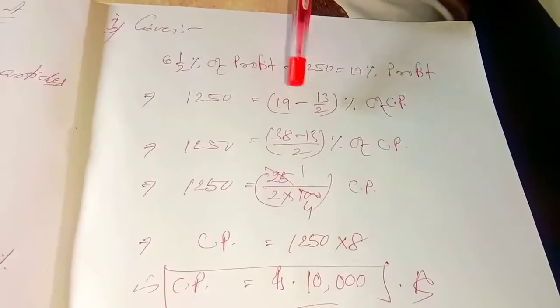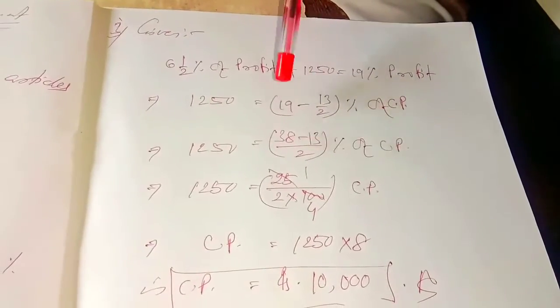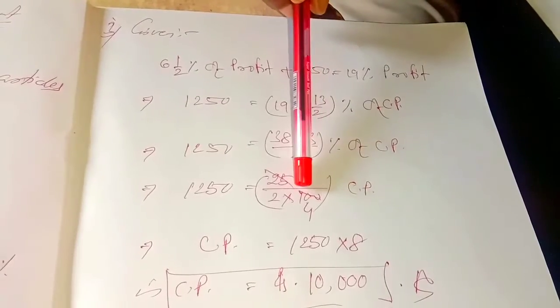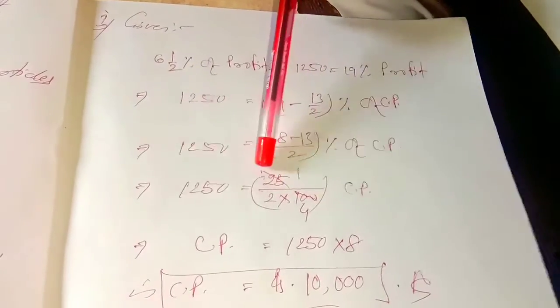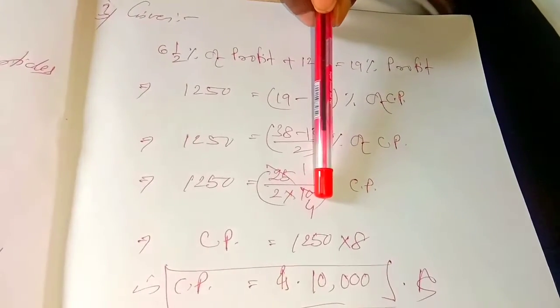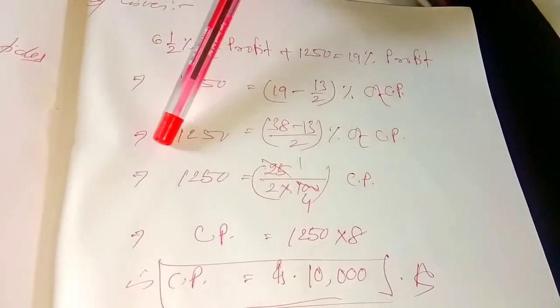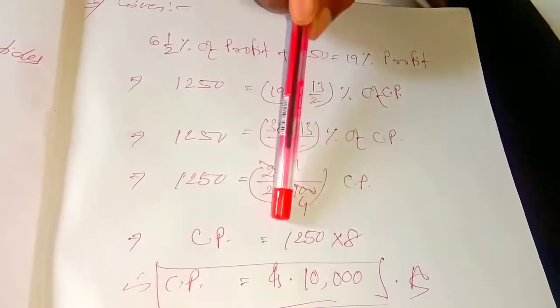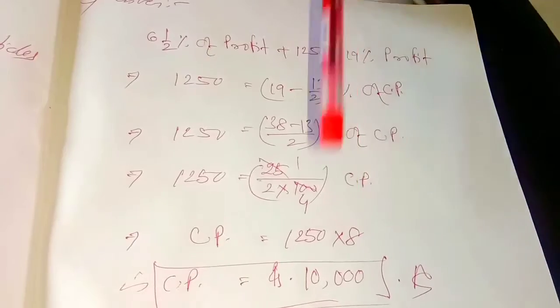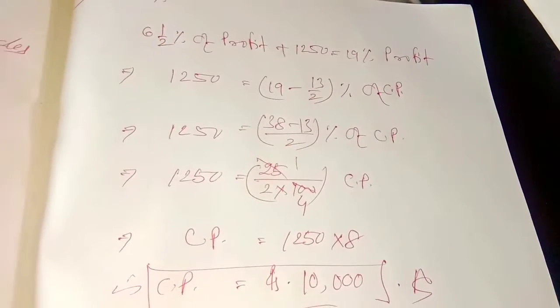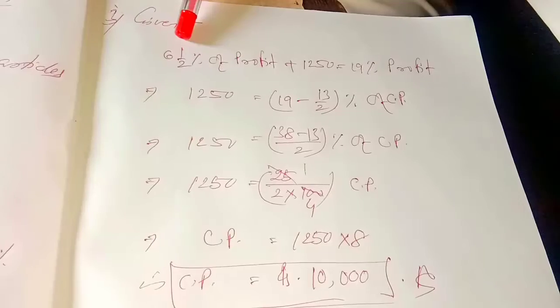The LCM is 2, so 38 minus 13 is 25 by 2. Percentage means by 100, so 25 by 200 gives 1 by 8. Therefore cost price is 1250 into 8, which is 10,000. Is the question clear or not? Initial profit is 6 1 by 2 percent.